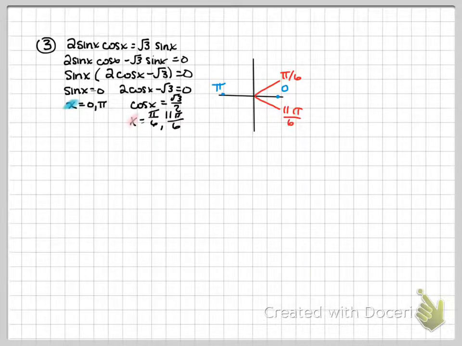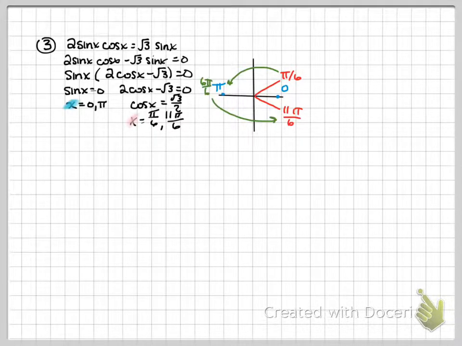If I look at these, you could put them on two separate graphs, but sometimes we're able to wrap between the two sets of solutions. So let's look at our points here. I notice that the distance from here to here is 5 pi over 6, because I could rewrite this as 6 pi over 6, and the distance from here to here is 5 pi over 6.